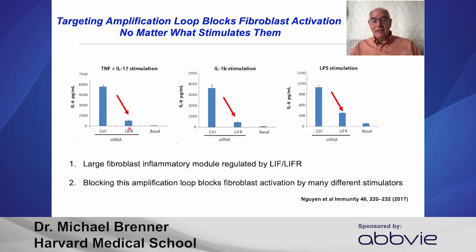If we silence the LIF receptor for this LIF receptor axis, that blocks IL-6 production, whether the fibroblast is stimulated by TNF and IL-17 or IL-1 or LPS or any of the other things that we've tested. And so there's a large inflammatory module, prominently IL-6, but also other factors, that's regulated by this LIF receptor autocrine loop, and blocking that loop blocks activation no matter how the cells are stimulated.